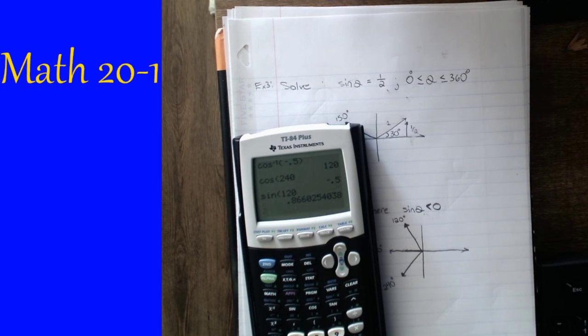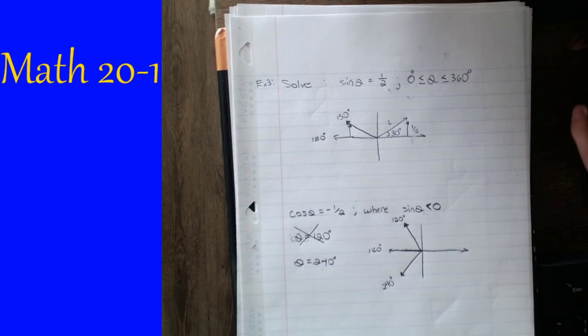Sine 120 is a positive number. Sine 240 is the negative version of that. So I hope that makes sense. That should be everything you need to know for just kind of getting used to working with sine and cosine in the xy plane.